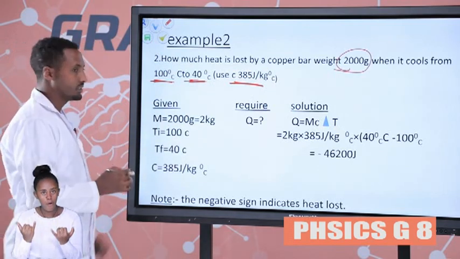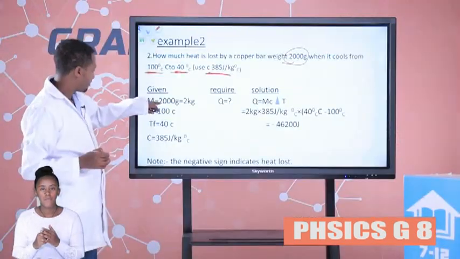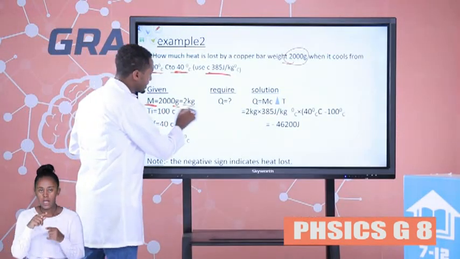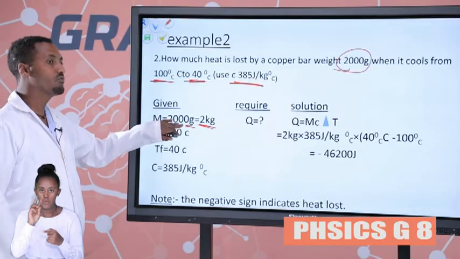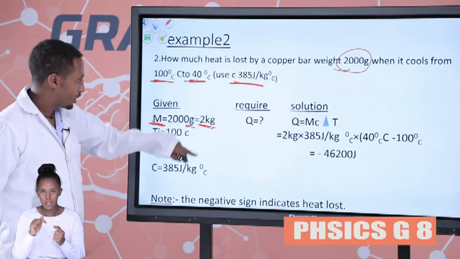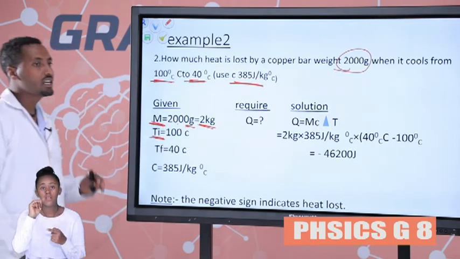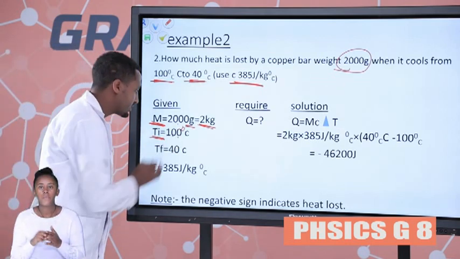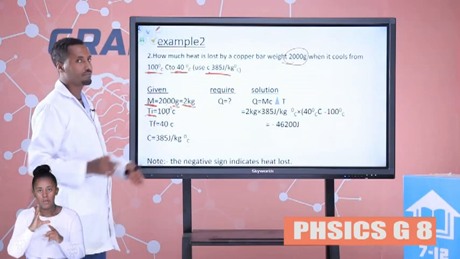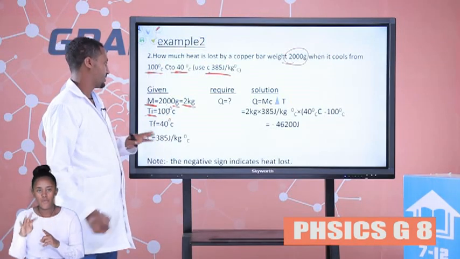Now, given: mass of the body is 2000 gram, this is 2 kilogram. Ti, initial temperature, is 100 degree Celsius, and Tf, final temperature, is 40 degree centigrade.